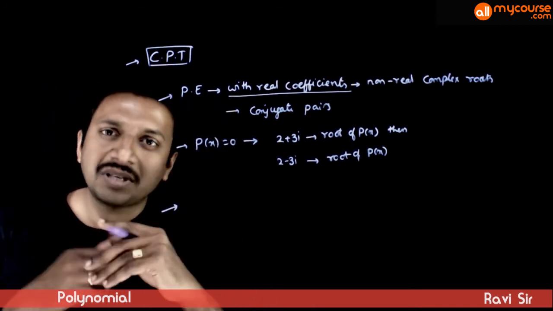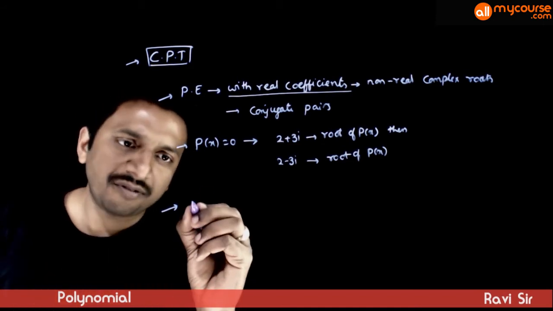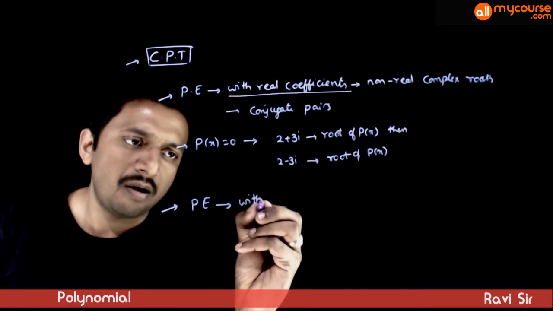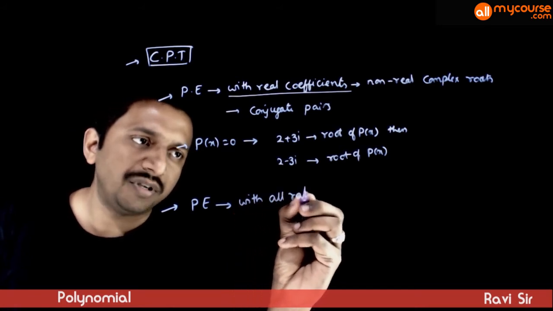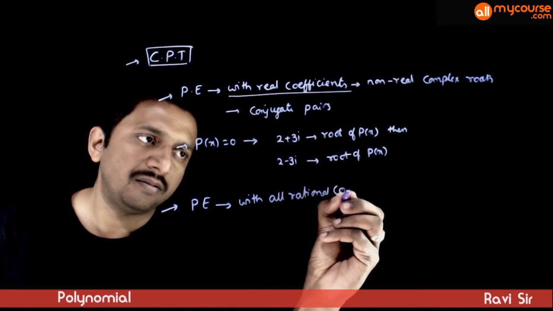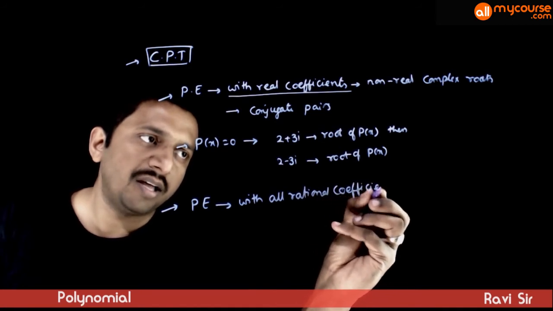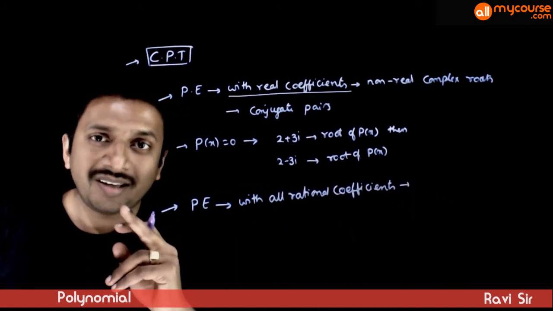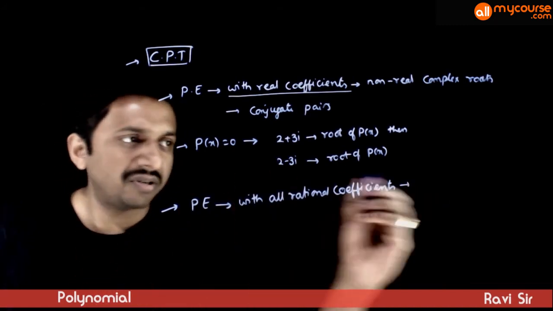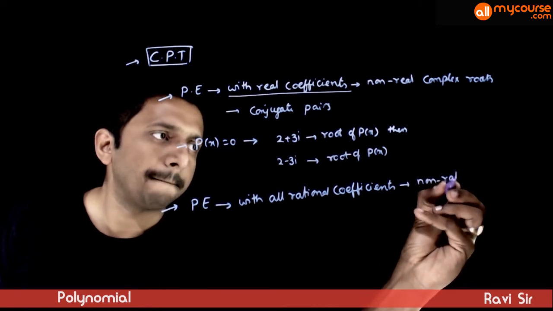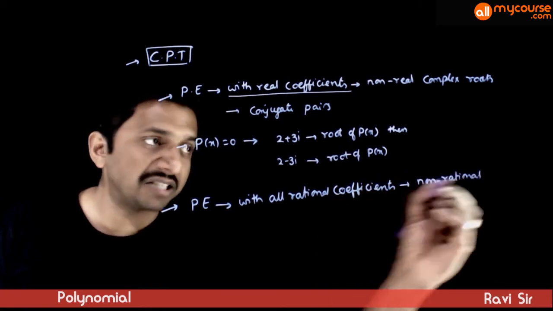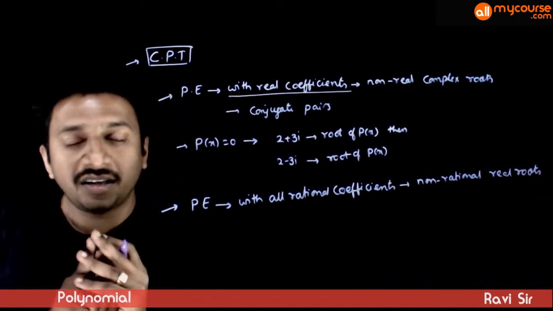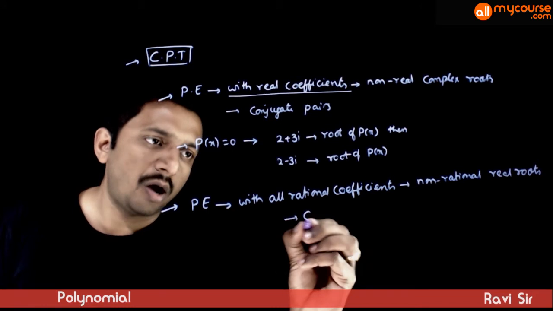And a similar theorem is, if you have a polynomial equation with all rational coefficients, then the non-rational real roots, that is irrational real roots, always occur in conjugate pairs again.